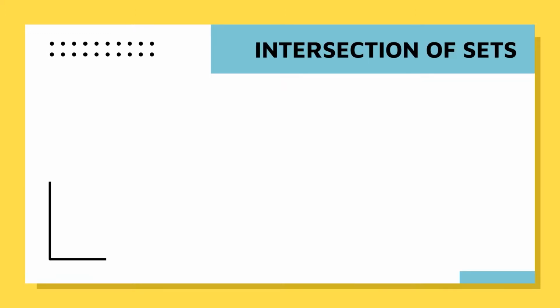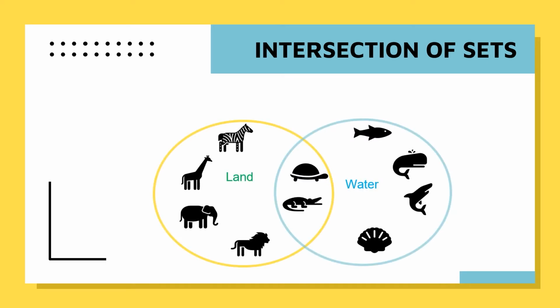Let's move on to intersection of sets today. I'll take the same example that we saw in the previous class: animals that live in water and land. What do I mean by intersection? Intersection is nothing but the elements which are common to both the sets. If I take two sets, the elements common to both will come under intersection.